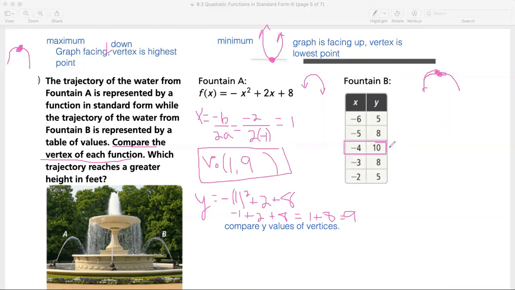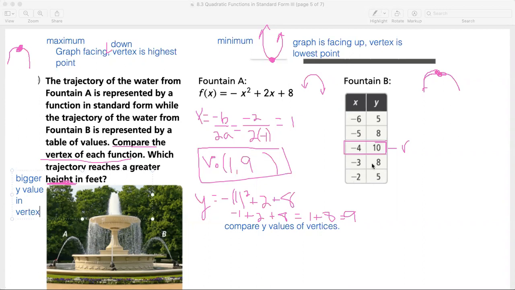My vertex for fountain B is at negative 4 comma 10. So they want to know, compare the vertex of each function, which trajectory reaches a greater height. So this means which has a bigger y value, bigger y value in the vertex.